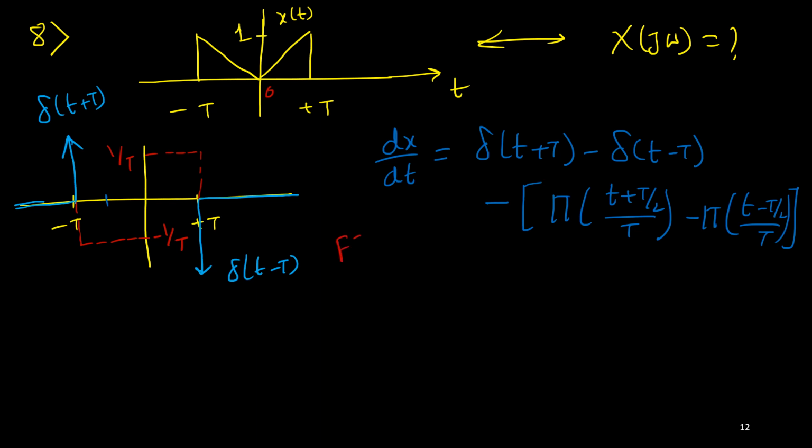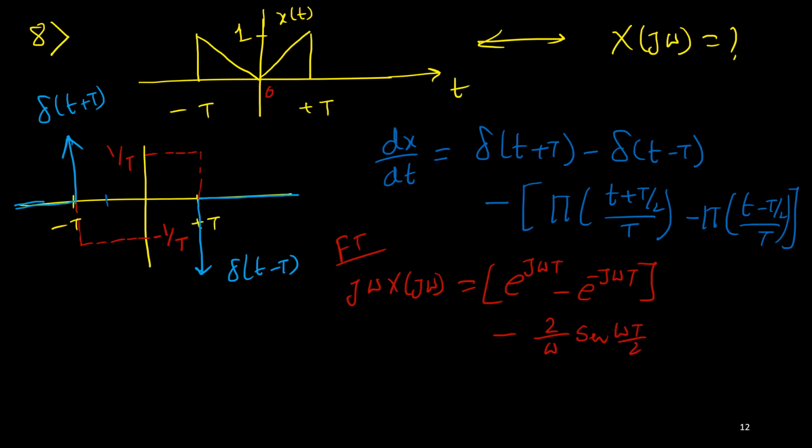If you take the Fourier transform on both sides, you will get j omega X of j omega. This one will be e to the power j omega T minus e to the power minus j omega T, and the Fourier transform of this one you have already computed: 2 upon omega sine omega T by 2, times e to the power j omega T by 2 minus e to the power minus j omega T by 2. Right?